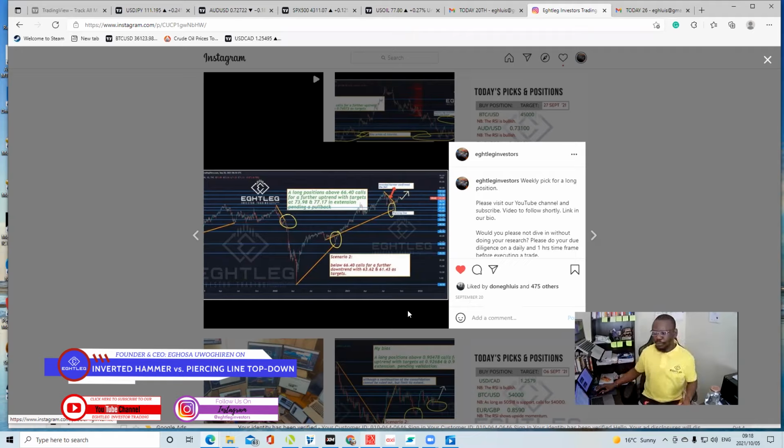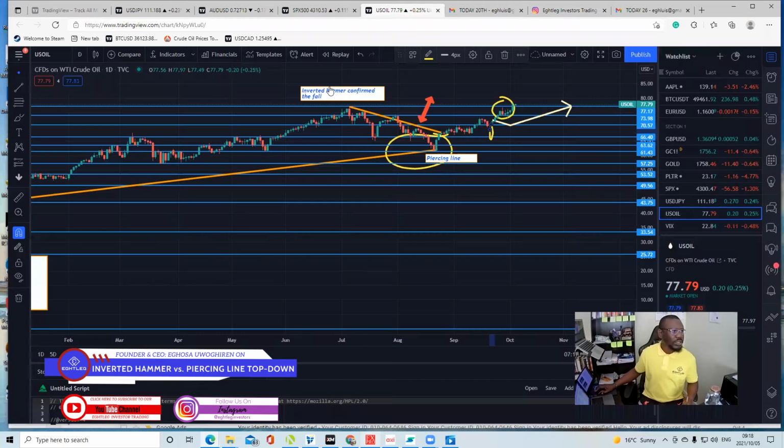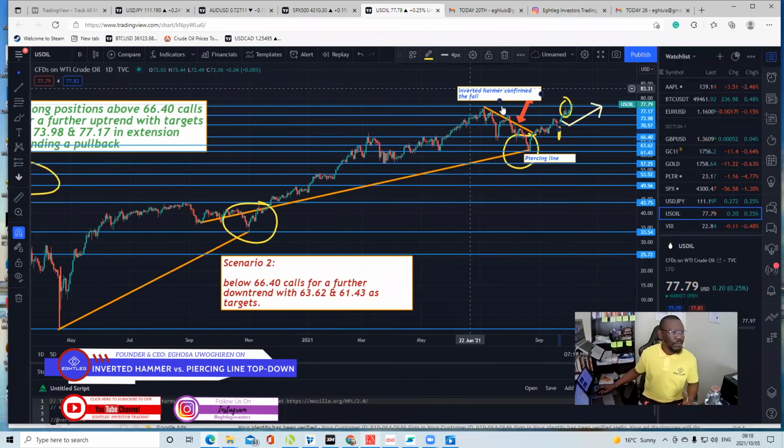So what gave me my bias here was what? The inverted hammer that I spotted before and saw it fall, and then we saw the support at this level, respecting this level. At this level it didn't just respect it.